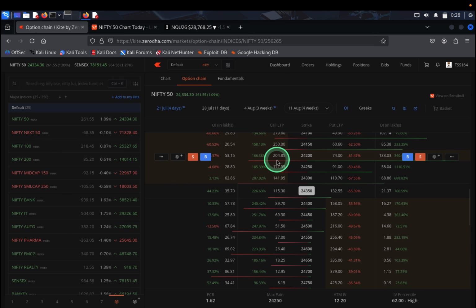We can see that 24,200 has huge put writing that comes as a support. And at 24,500 there is huge call writing, and also at 24,400 there is some bit of call writing. At the level it is trading at, 24,300, it is going binomial and has support as well as some resistance.